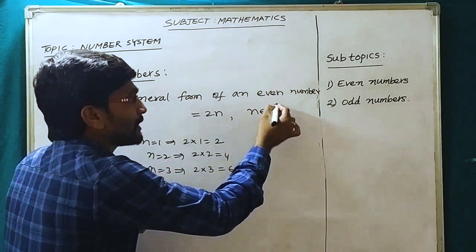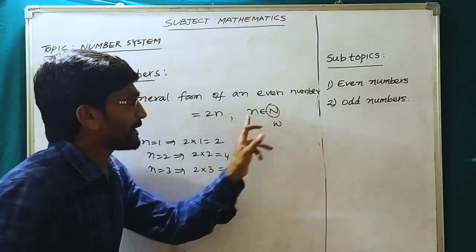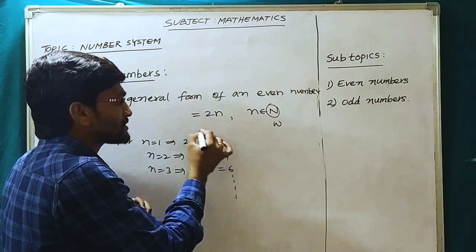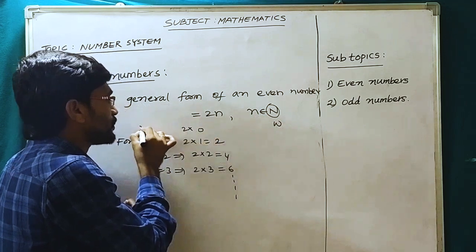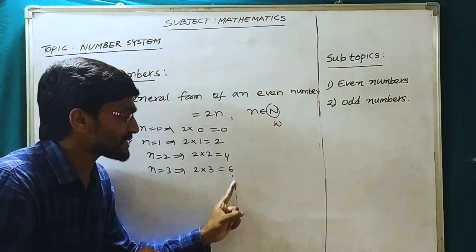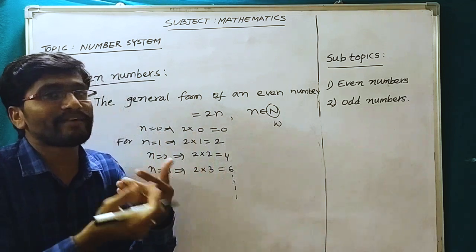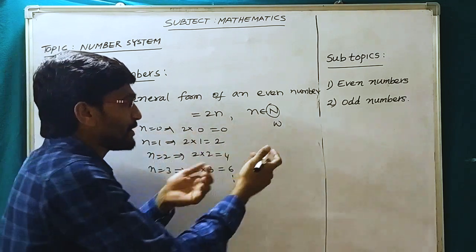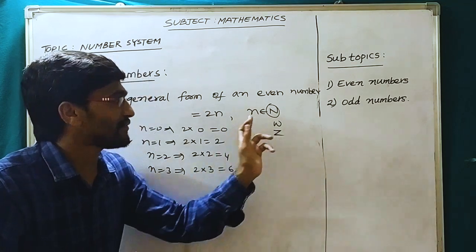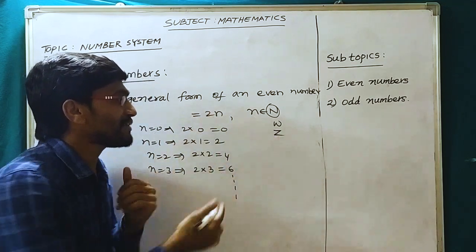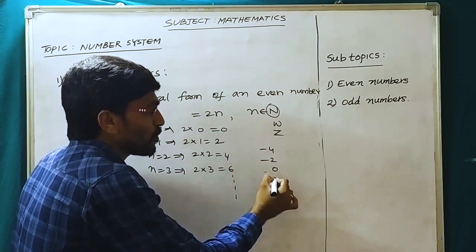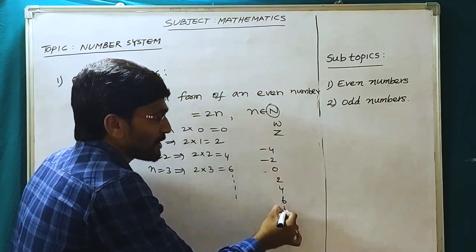Suppose we give n as whole numbers, then what do we get? First 0, 2 into 0. That means we get 0, 2, 4, 6, 8 and so on, called the even whole numbers. If n is an integer, then we get integers like minus 4, minus 2, 0, 2, 4, 6 and so on.